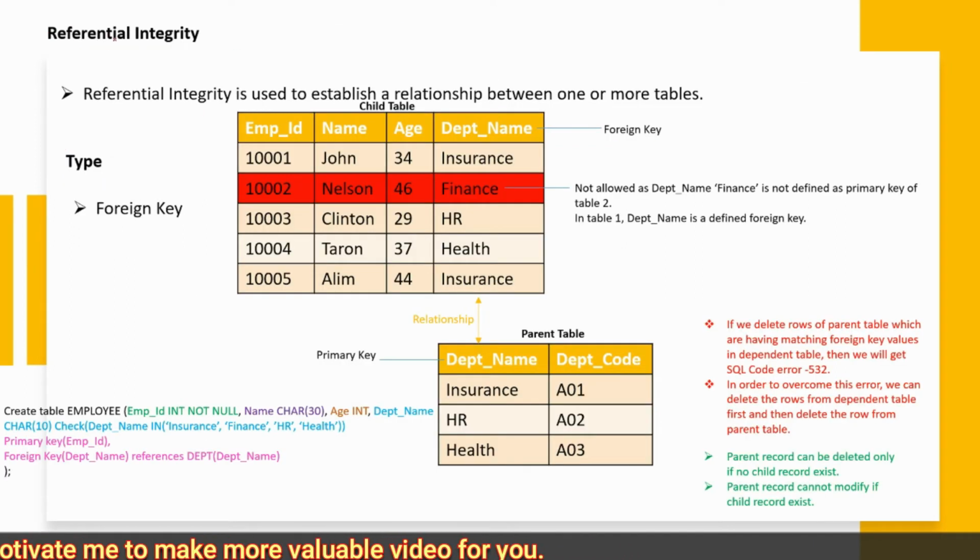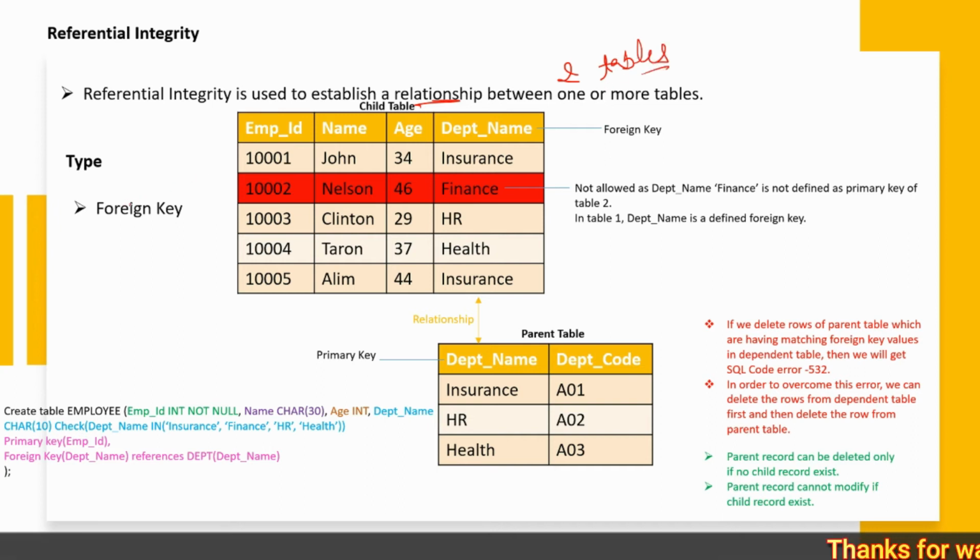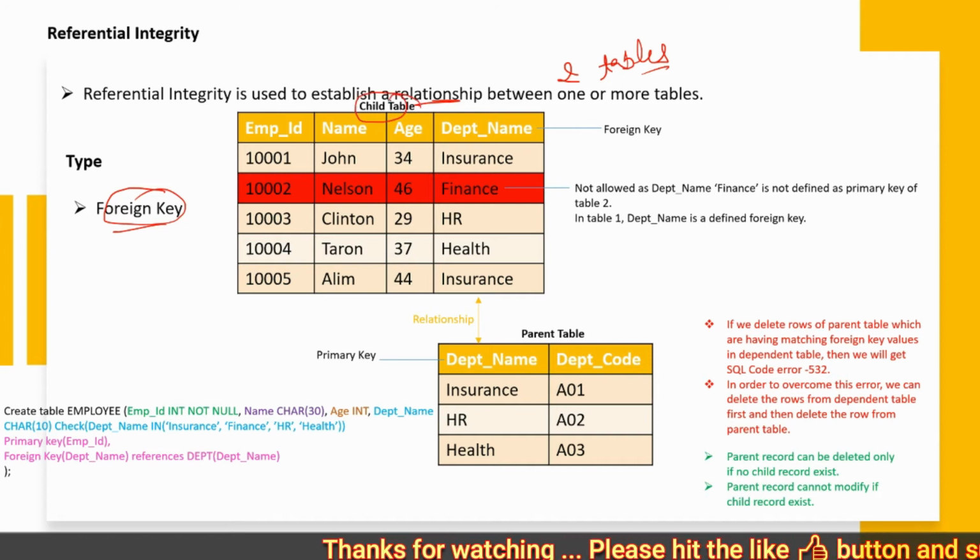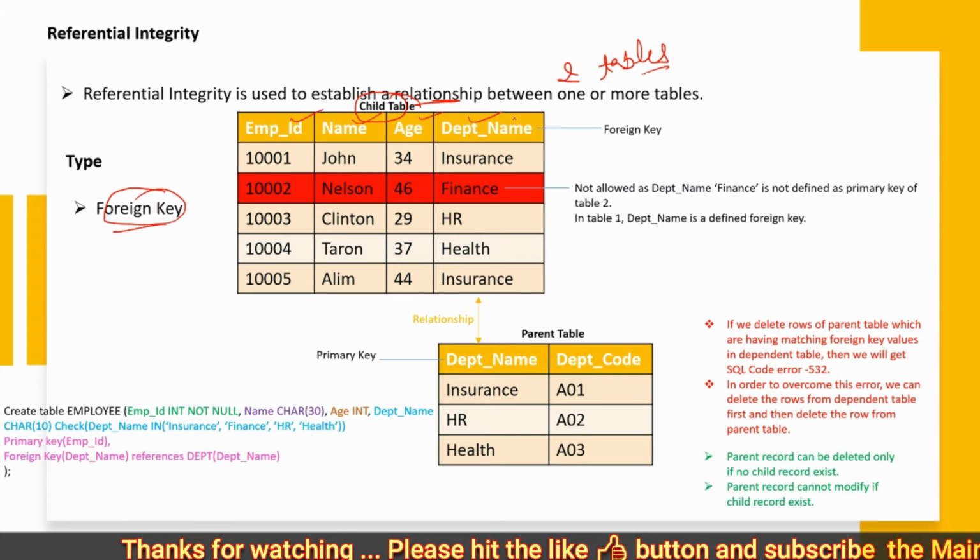And third is referential integrity constraint. Referential integrity is used to establish a relationship between two tables. Okay. And foreign key comes under the referential integrity of the database. For example, we have this child table, and we have employee id, name, age, department name.